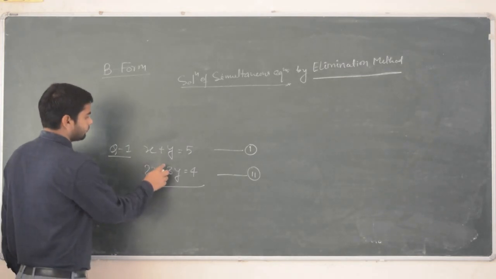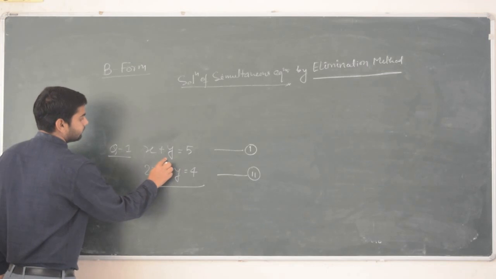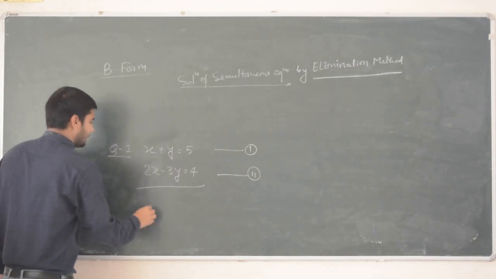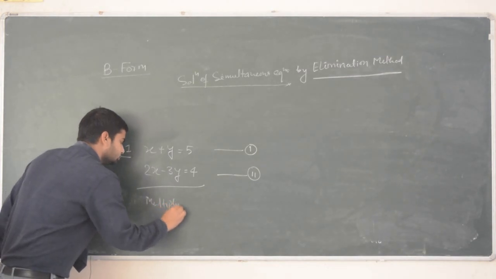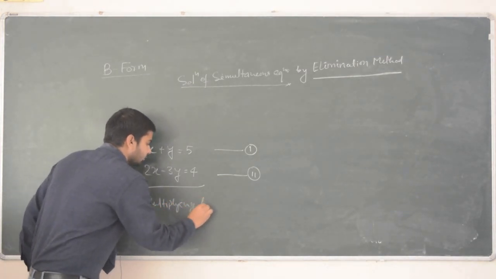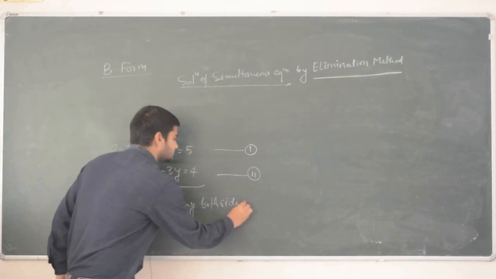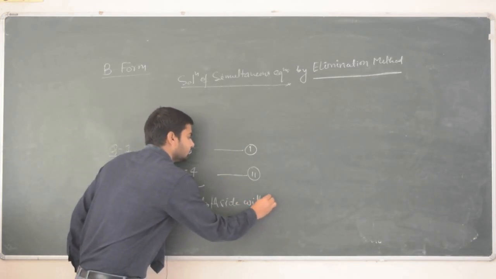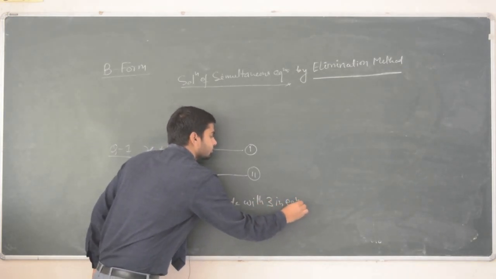So first of all I have to multiply the whole of equation 1 by 3, so that here we will get 3y. I am writing: multiplying both sides with 3 in equation 1.